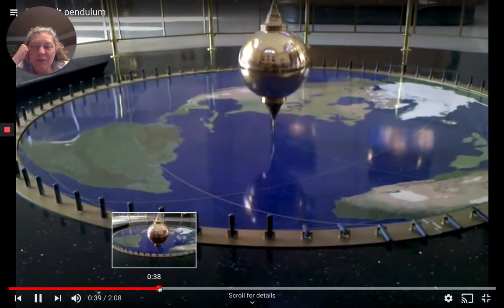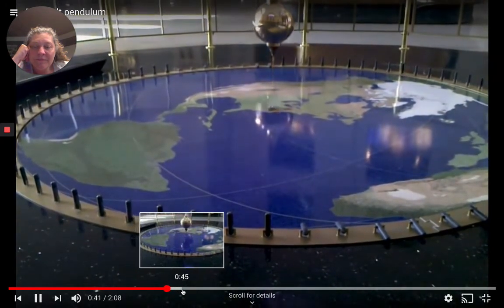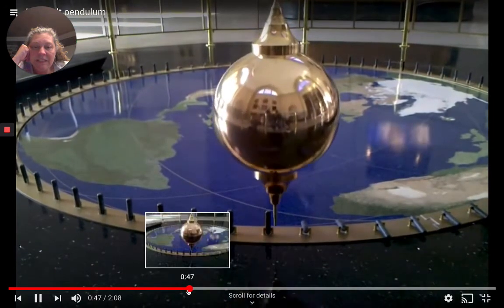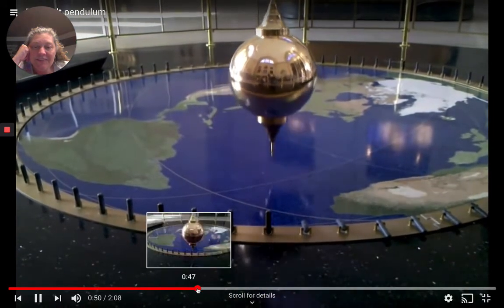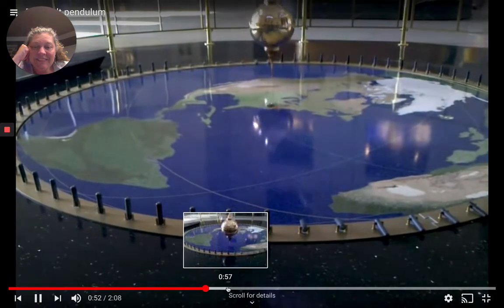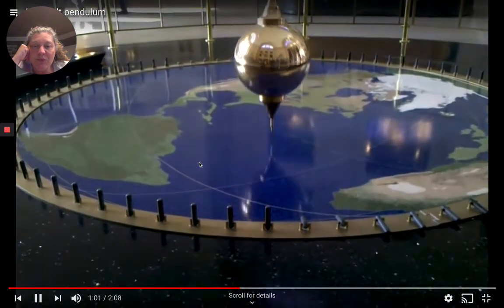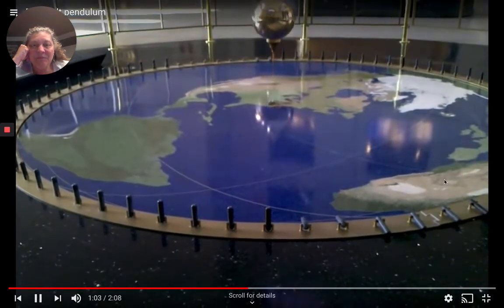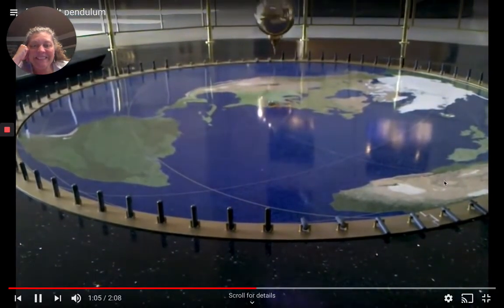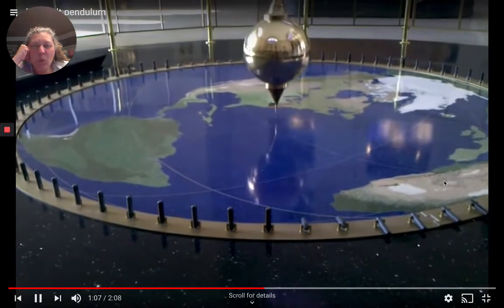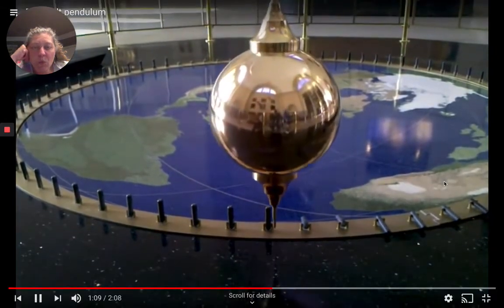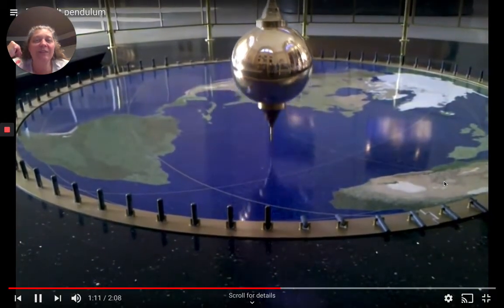Ooh, so close. That was close. Because seriously, it only knocked down once since we walked into the museum. It took a half hour.